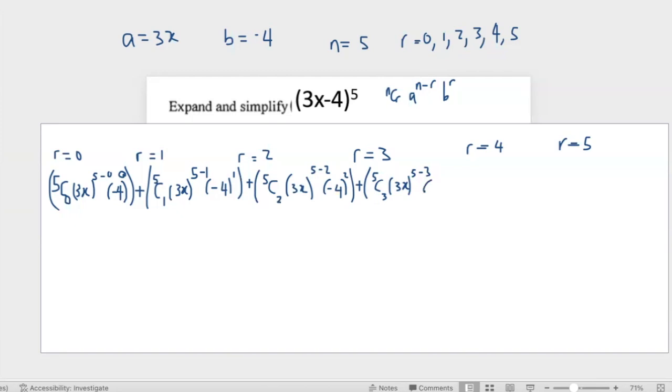And then -4 raised to the power 3. Plus, then we have 5C4, 3x, 5 take away 4, -4 to the 4.